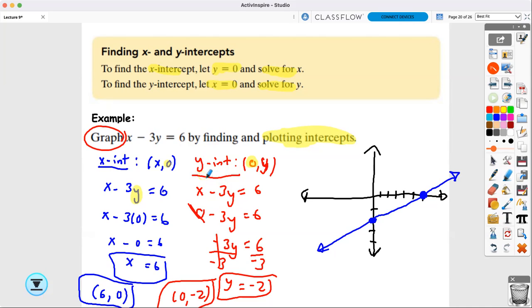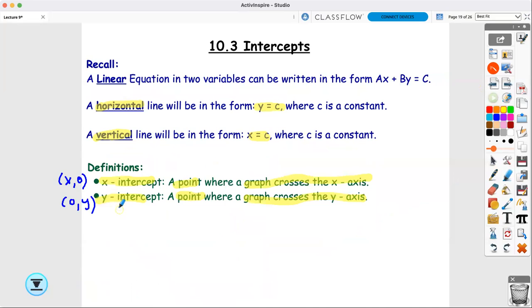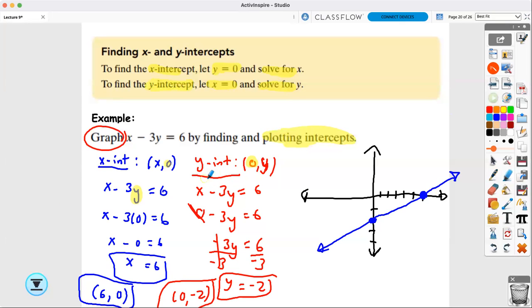Yes. Okay, so the red, what are we finding for the red? What does that mean? Y-int means what? Y-intercept. Good. And in the first slide, I showed you that a Y-intercept is in the form of what? (0, Y), right? So that means X is always going to be what? 0. And Y could be whatever Y is, right?